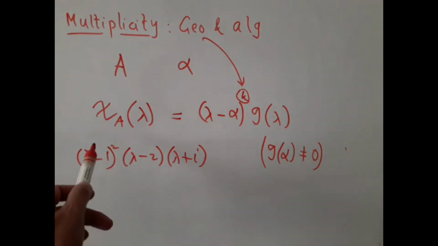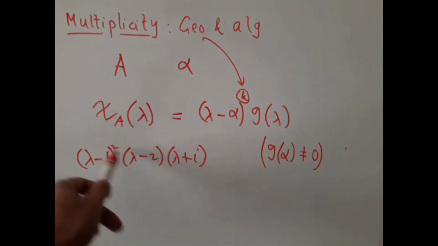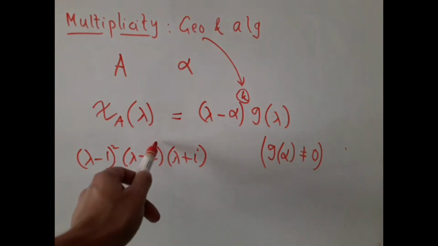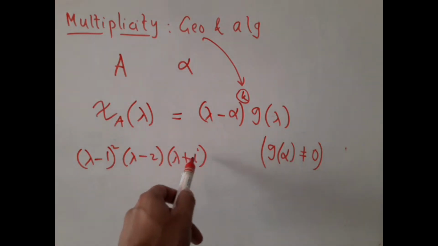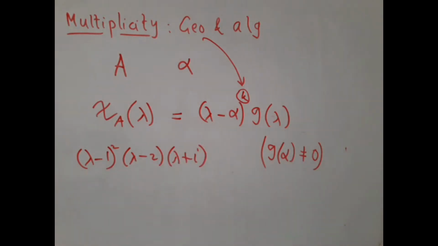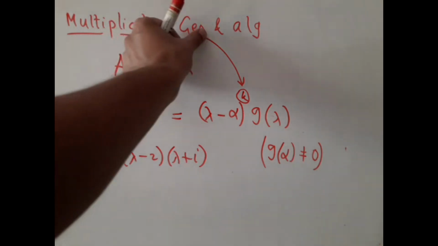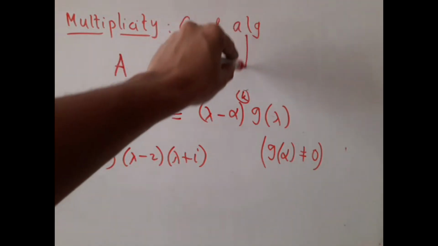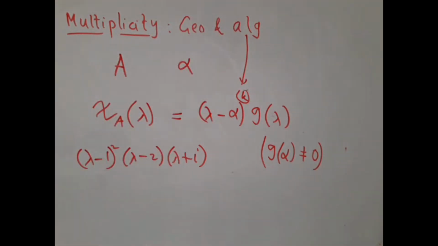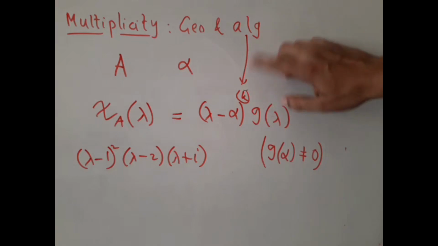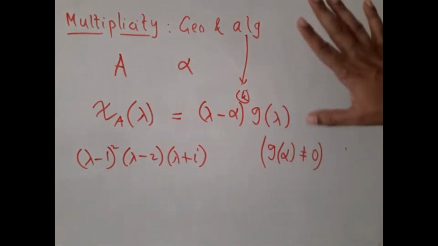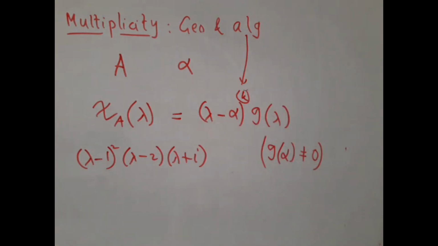In this case, the multiplicity of 1 will be 2, of 2 will be 1, and of minus i will be 1 as well. I am very sorry, I just made a wrong statement. All throughout I have been talking about algebraic multiplicity. So this is the algebraic multiplicity.